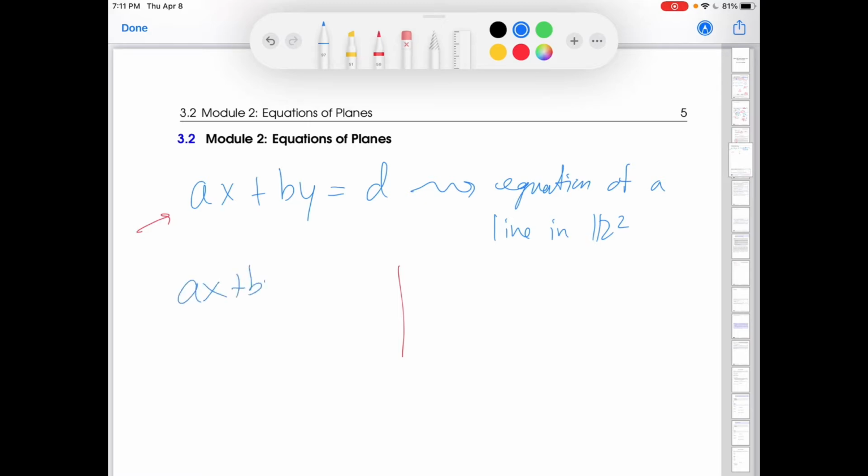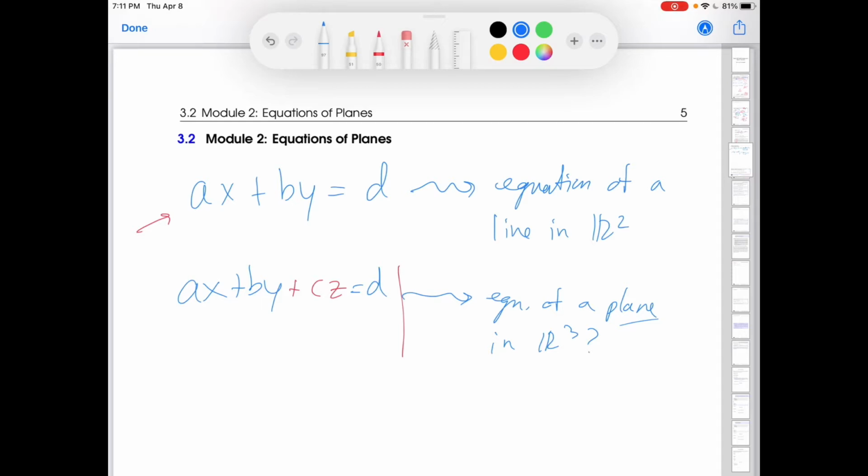So what if we just tack on a cz term right here. I'll put it in red so we see what the new part is. Plus cz equals d. Might this be the equation of a plane in R3? Well, we have somewhat good reason to suspect that.